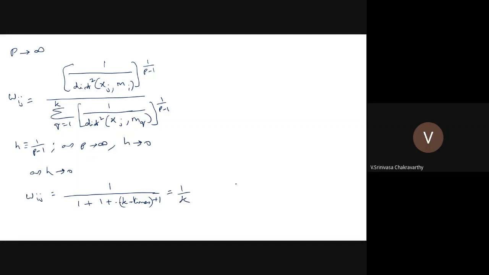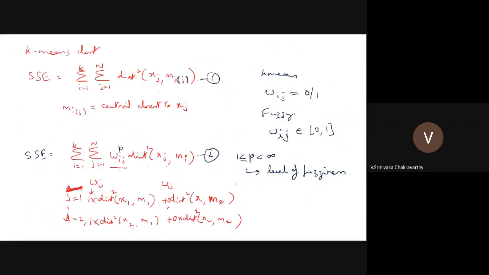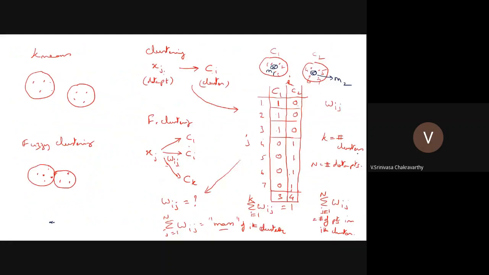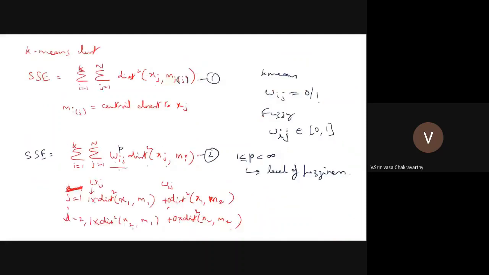What is it saying? Earlier in the K-means case, only the centroids that are closest to a given point have weightages of 1 and all others are zeros. Whereas here, all the centroids have equal weightage. So instead of 1 and 0, you have half and half. That means the data point belongs to both classes with equal weightage.